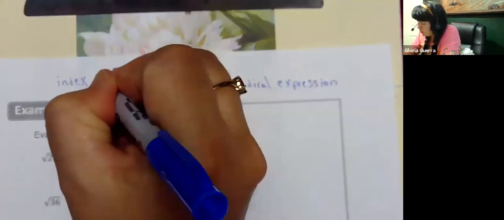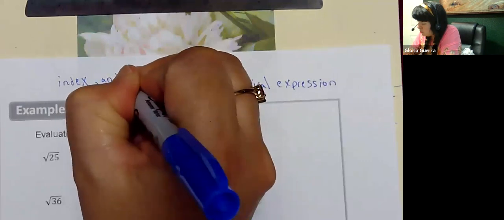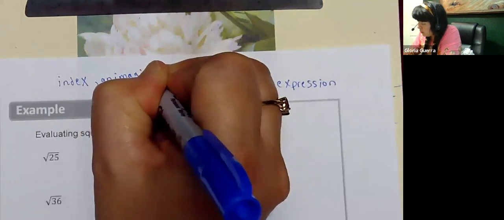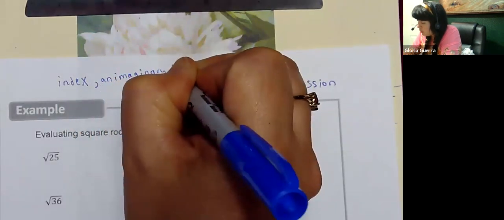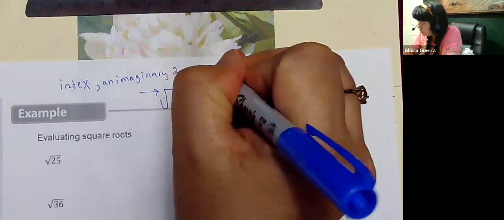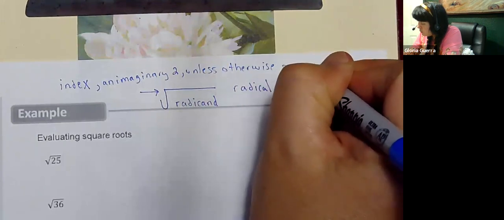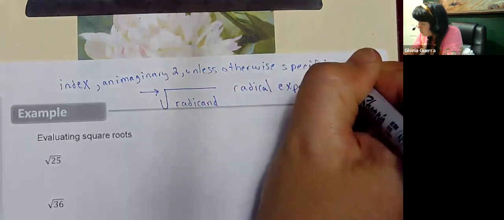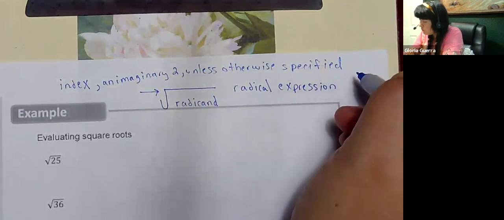Imaginary 2, not an imaginary 1, an imaginary 2, unless otherwise specified. Okay?